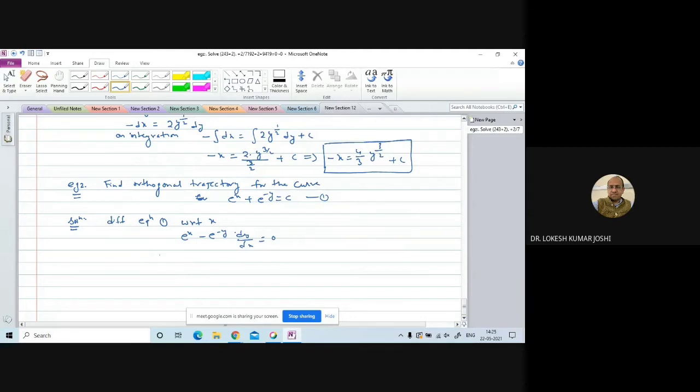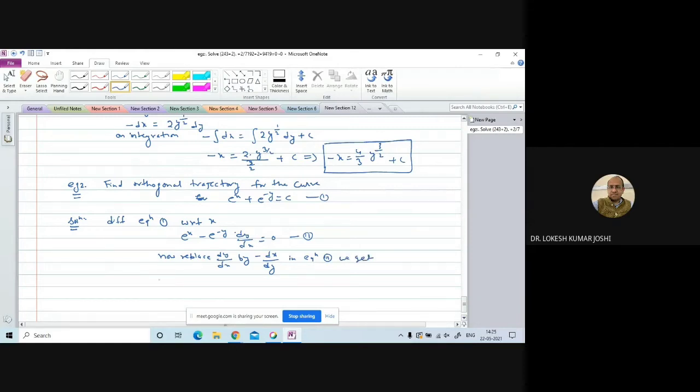Okay, now replace dy/dx by minus dx/dy in equation number 2. In equation 2, what do we get?